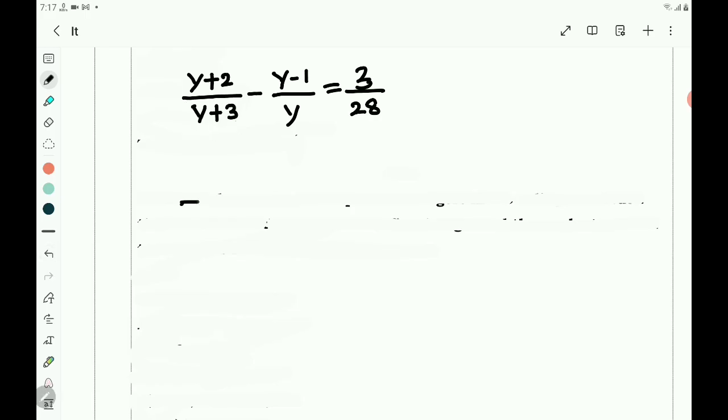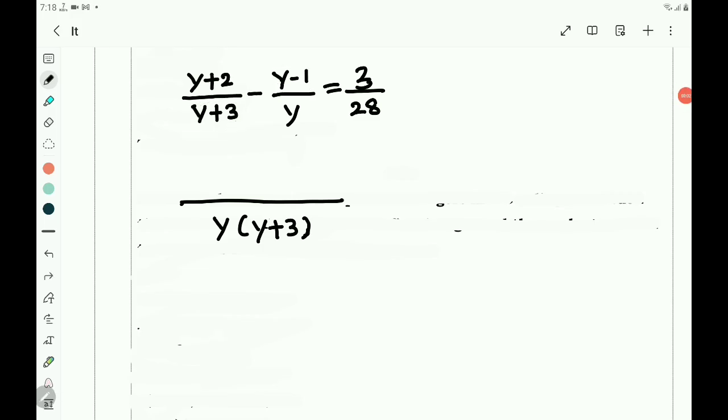LCM is y into y plus 3. Then in the numerator we have to multiply y plus 2 by y and y minus 1 by y plus 3, because the LCM is the product of this and this. Therefore we have to multiply this by this and this by this.